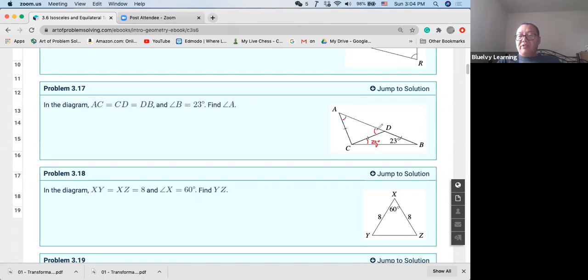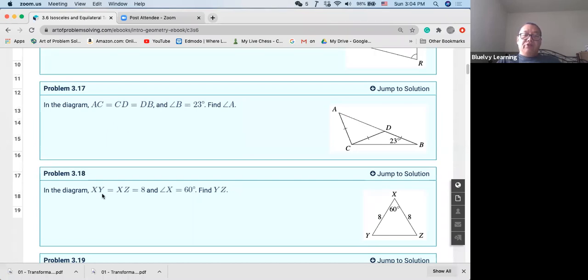Now this one is an exterior angle of triangle CBD, so this angle equals the sum of these two angles. That means this angle equals 46 degrees. Then AC equals CD, so angle A also equals 46 degrees.